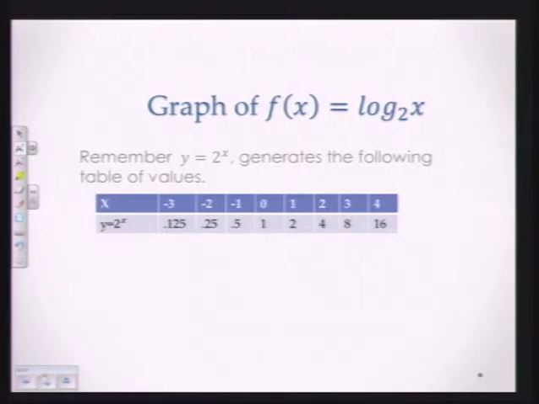If I raise 2 to the negative 3, I will get 1 over 2 cubed, which is 1/8, or 0.125. Similarly, we had 2 to the negative 2 equals 0.25, and 2 to the negative 1 equals 1 over 2, or 0.5. 2 to the 0 equals 1, 2 to the 1 equals 2, 2 squared equals 4, 2 cubed equals 8, and 2 to the 4th equals 16.